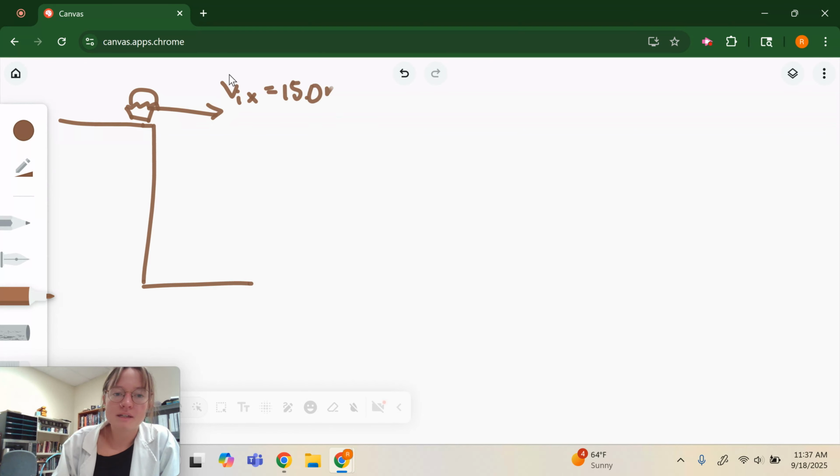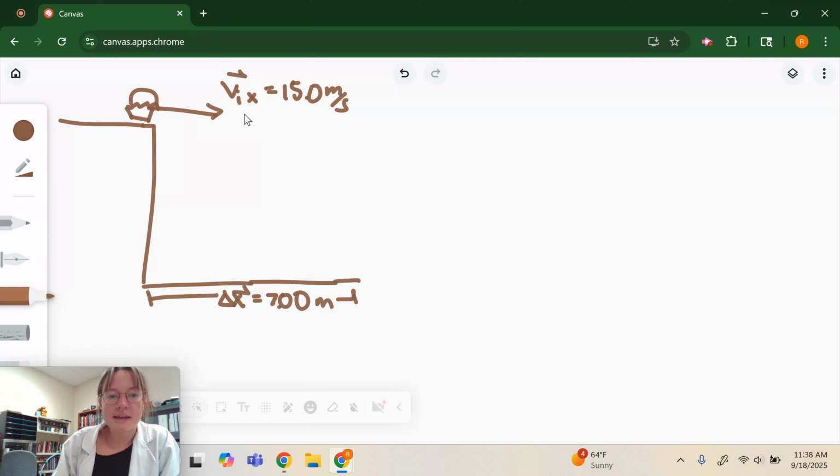So let's say that I launch it going that fast. Someone on the ground sees the muffin land a distance of 7 meters away from the base of the cliff.